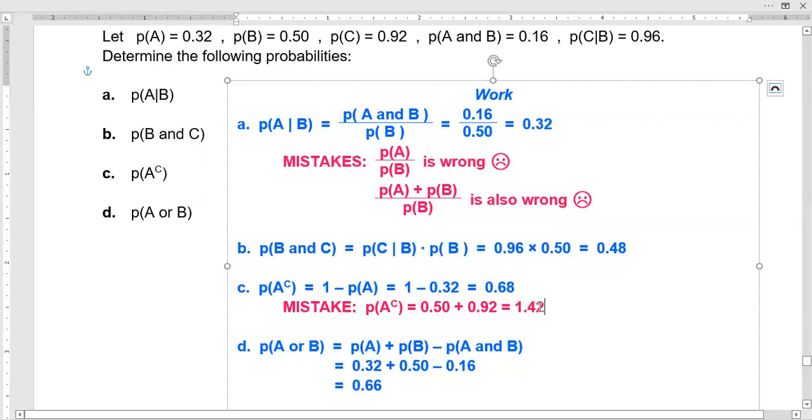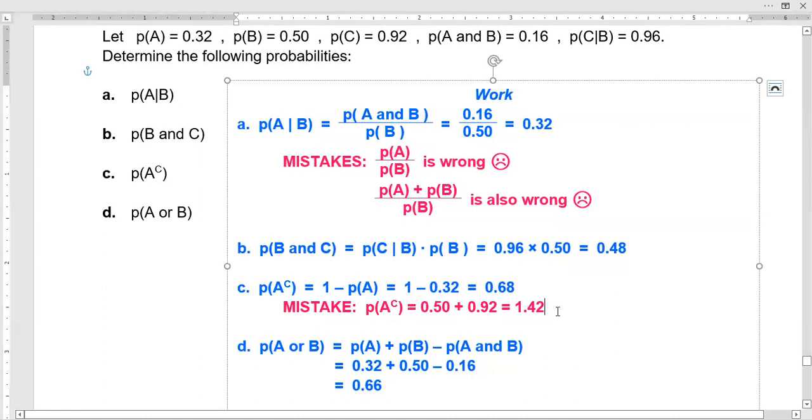This is a situation where I'm also getting an answer that's bigger than 1. So I know I've got a mistake. So let's talk about where I got 0.50 and 0.92 from and why I might use them. So 0.50 was the probability of B and 0.92 was the probability of C.